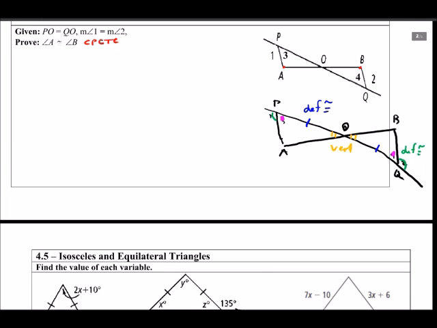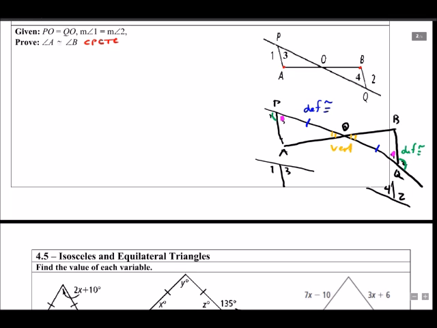Well, what do you see going on up here? Let's do a little more redrawing. We have angle 1 and angle 3, and we have angle 4 and angle 2. What do you notice about those? Do you see the linear pairs there?